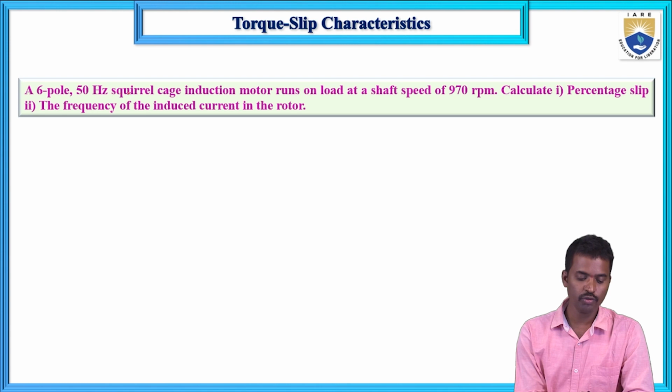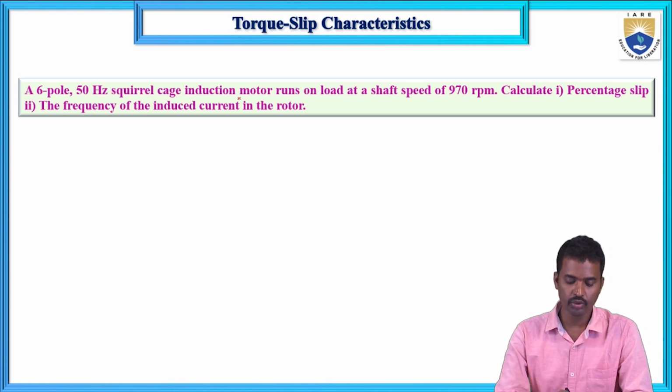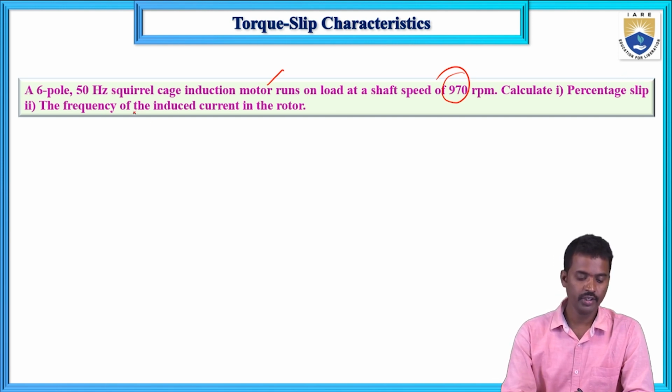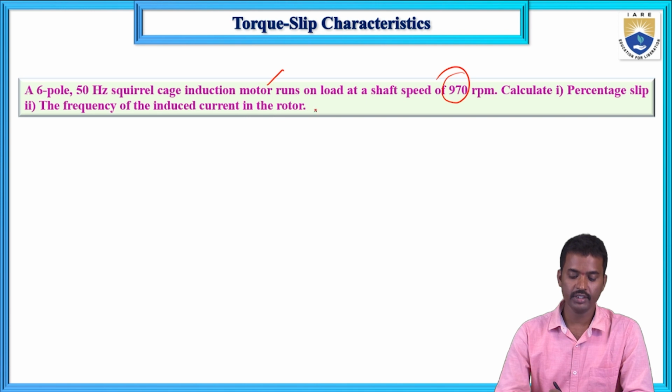A 6-pole 50 Hz squirrel cage induction motor runs on no load at shaft speed 970 rpm. Calculate the percentage slip and the frequency of induced current in the rotor. So that is FR you need to calculate, and this is the percentage slip.